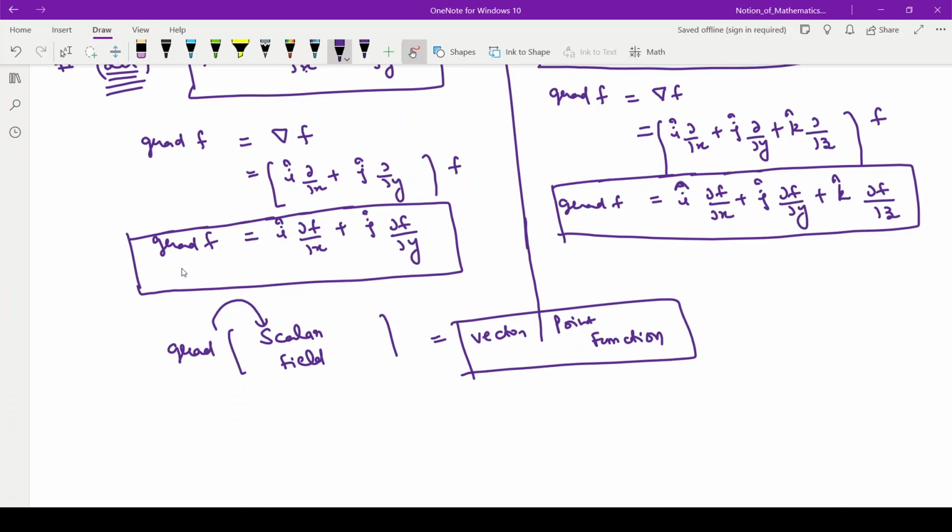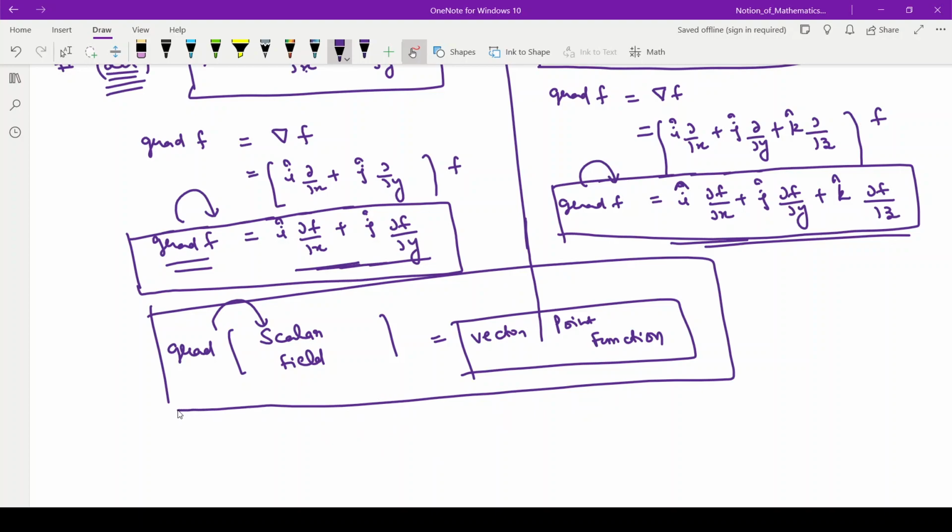As we can observe here, I have applied the gradient over a scalar field and the outcome is a vector point function. Similarly here, I have applied the gradient upon a scalar field and the outcome is a vector point function. So this is one interesting observation regarding the gradient.